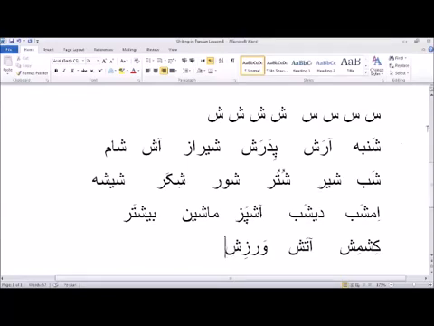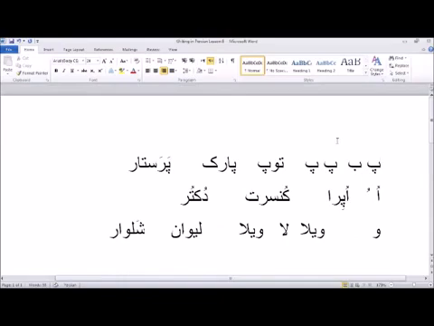Whereas here, because it is connected, you don't see that circle. No circle here, no circle here, because they are connected. Varzesh means exercise and also sport. And then we have r, e, and sh. Rish means beard.